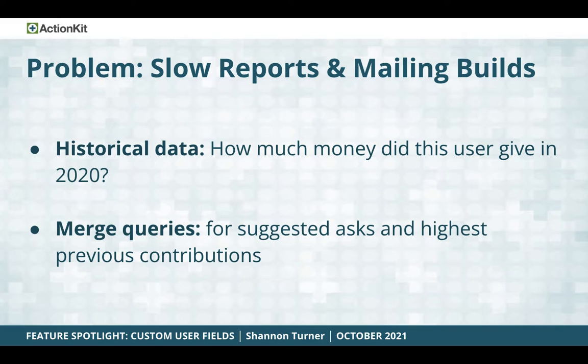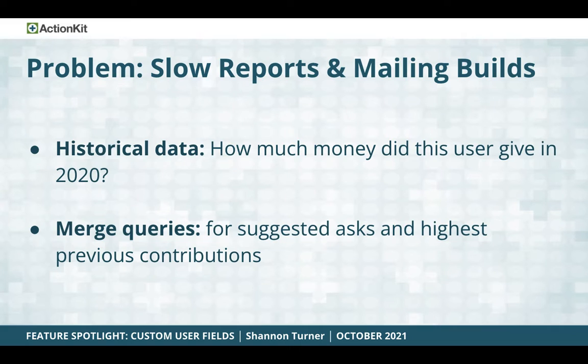Lots of clients also like to use merge queries to calculate suggested ask snippets based on historical donation data using a user's highest previous contributions. Now, there are lots of different ways that you can calculate suggested asks. Every method has its trade-offs. And we're not going to go into a deep dive on how to do those suggested ask snippets.